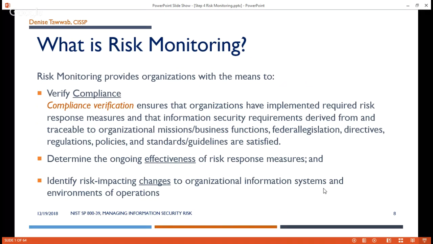The next thing that risk monitoring does is it determines the ongoing effectiveness of risk response measures. And finally, it identifies risk impacting changes to organizational information systems and to the environments of operations.